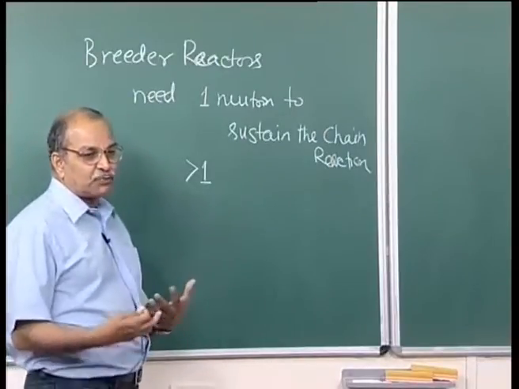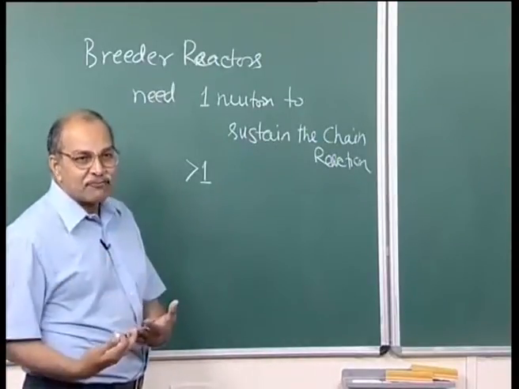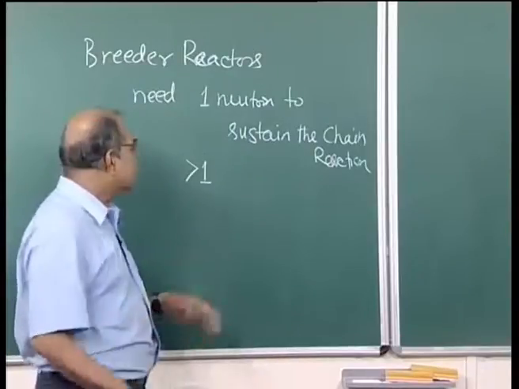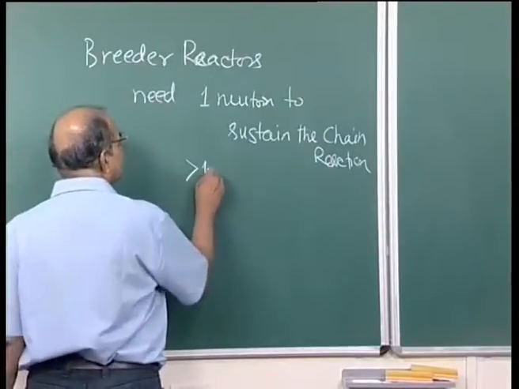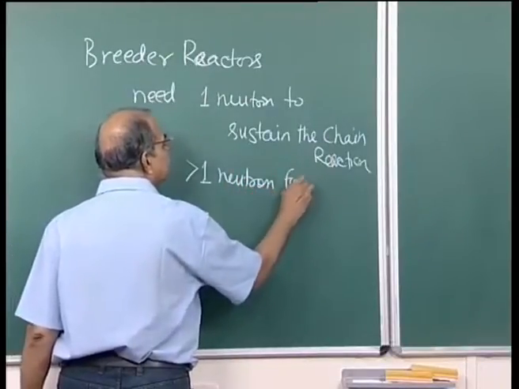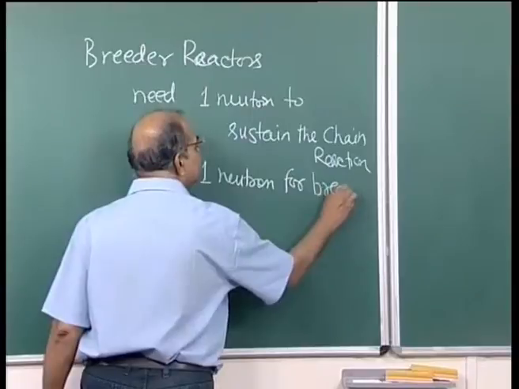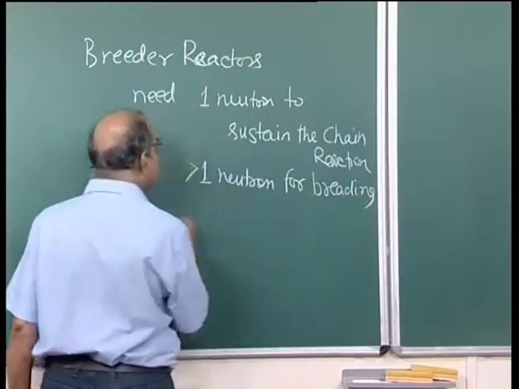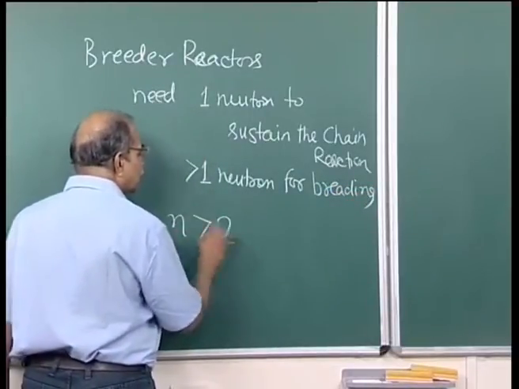If it has to produce more nuclear fuel than it is consuming, there should in fact be more than one neutron for breeding, and therefore that eta must be greater than 2.